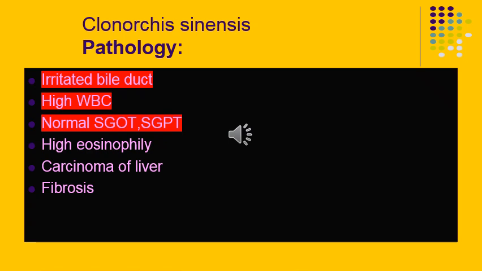Of course, it is interesting that we have normal SGOT and SGPT tests in people who are infected with Clonorchis sinensis. Besides that, we have high eosinophilia, and in some cases we have carcinoma of the liver, and in other patients we have fibrosis.